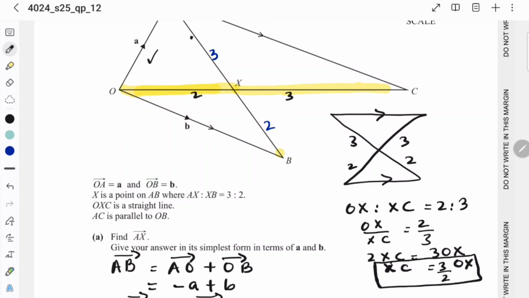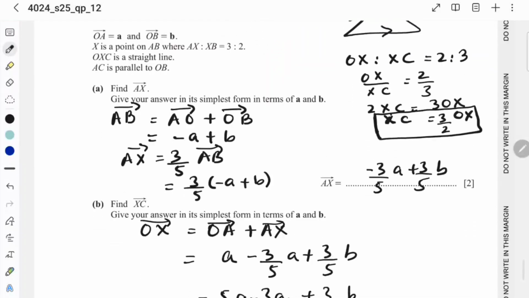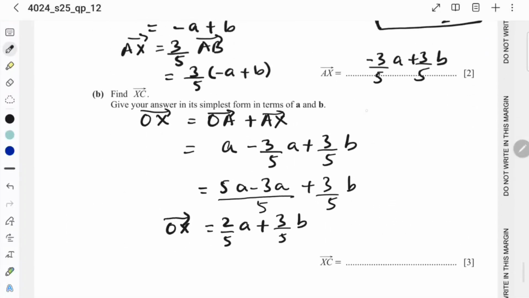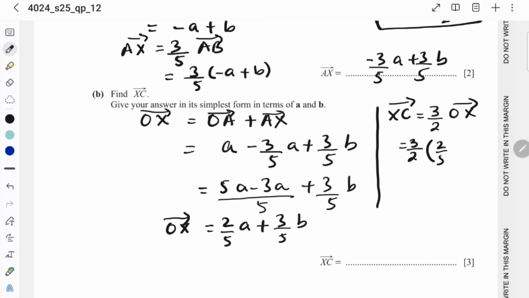You can see the diagram with the help of similar triangles, and then we took the ratio, cross multiplied, and we got XC is 3 upon 2 of OX. So XC is equal to 3 upon 2 of OX, and OX we found here. So this is 3 upon 2 of 2 upon 5A, I'm just copying this, plus 3 upon 5B.